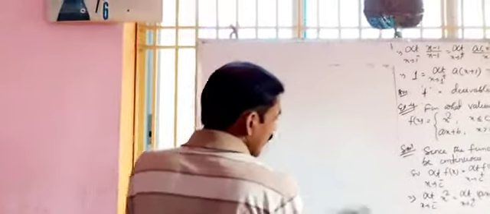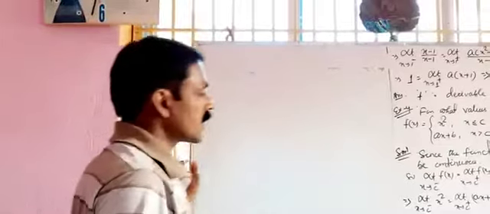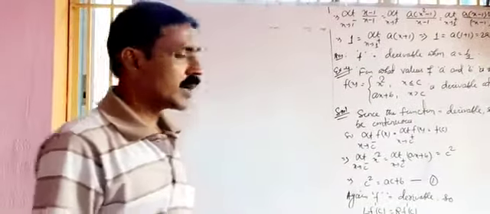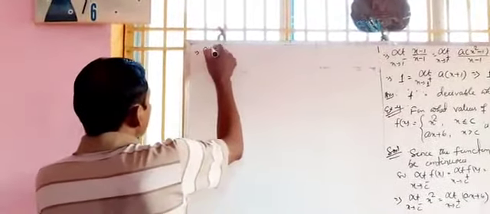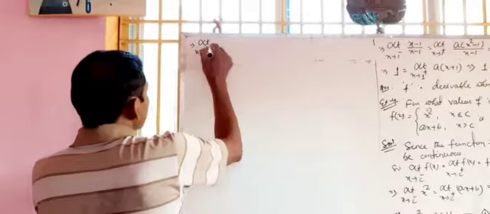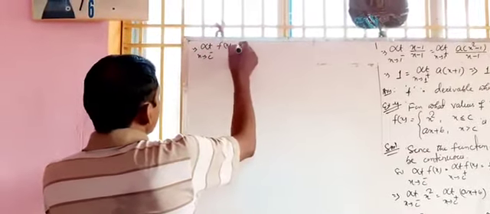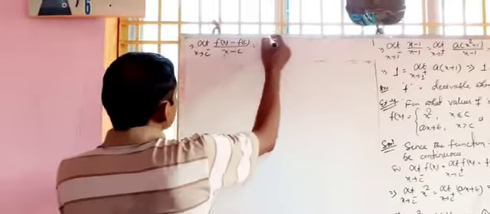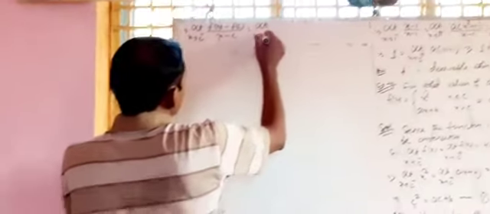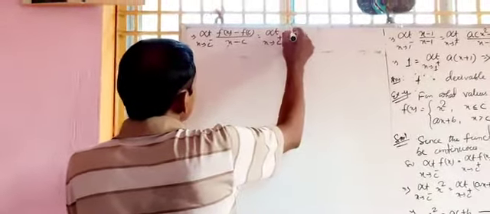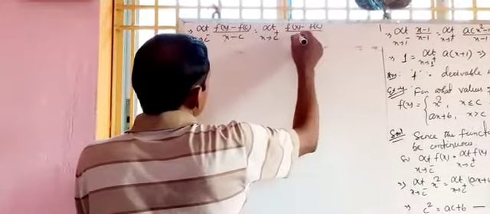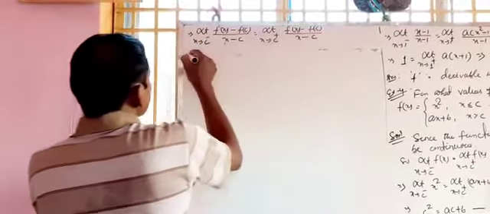So as we are checking differentiability at the point c, the left hand derivative at c must be equal to the right hand derivative at c. So again we will use the definition. Left hand derivative means limit x tends to c minus of f of x minus f of c by x minus c, must be equal to the right hand derivative, limit x tends to c plus of f of x minus f of c by x minus c.